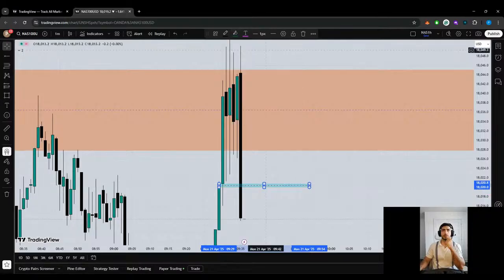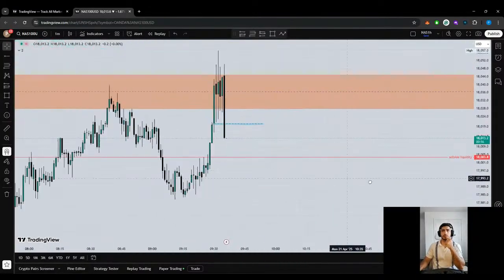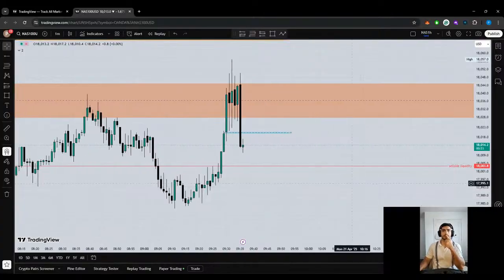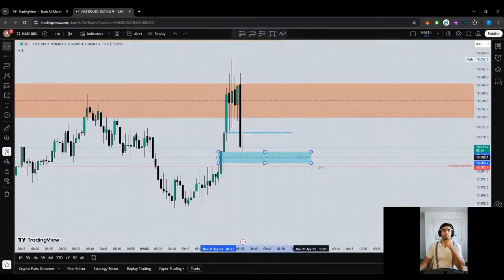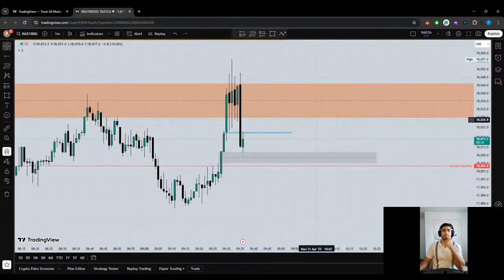Nice little volume imbalance over here. Break below it. Fair value gap. So we have our first presented fair value gap right here, just formed.